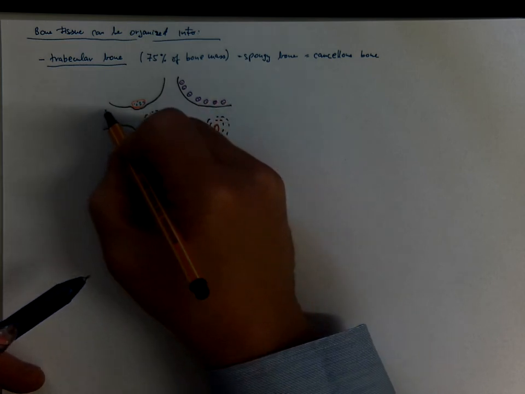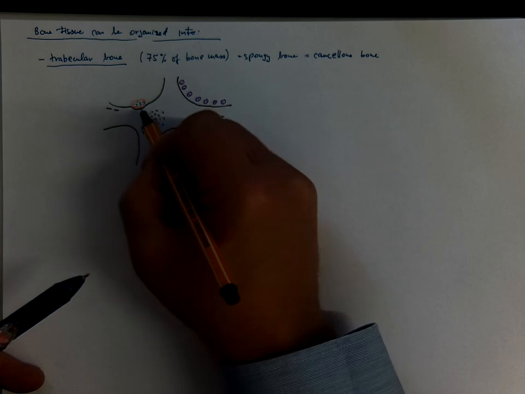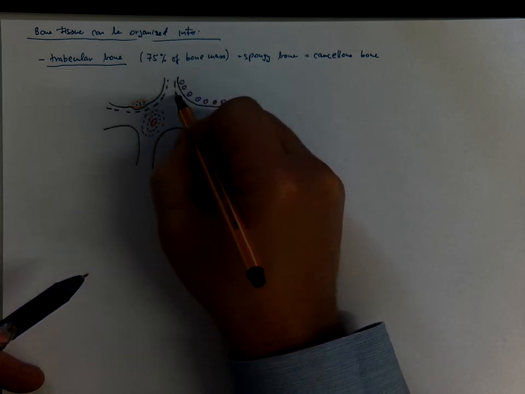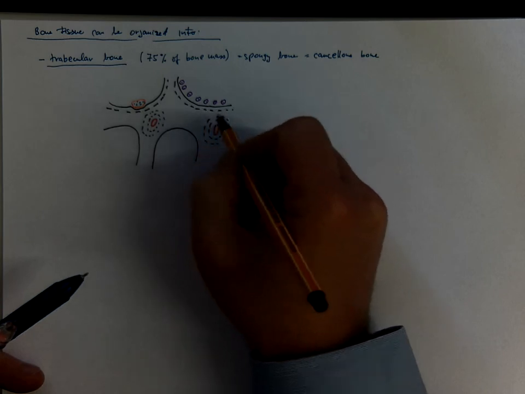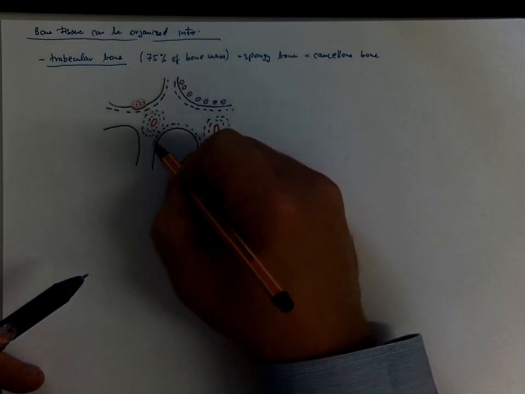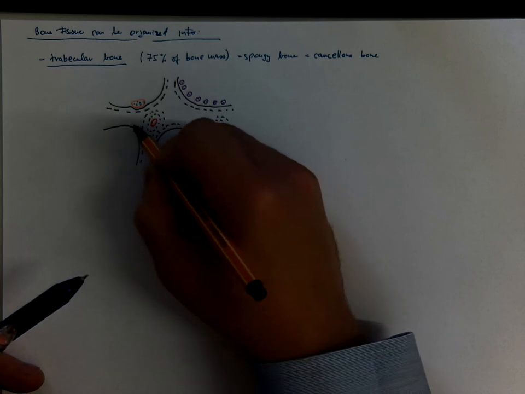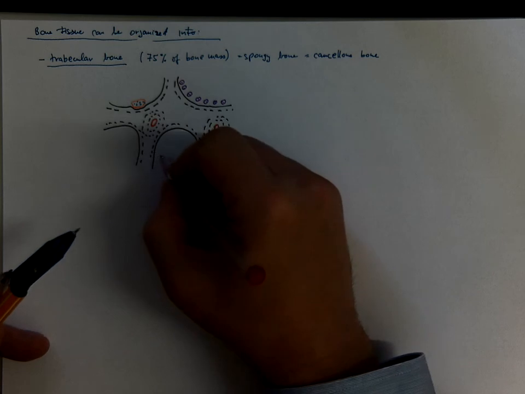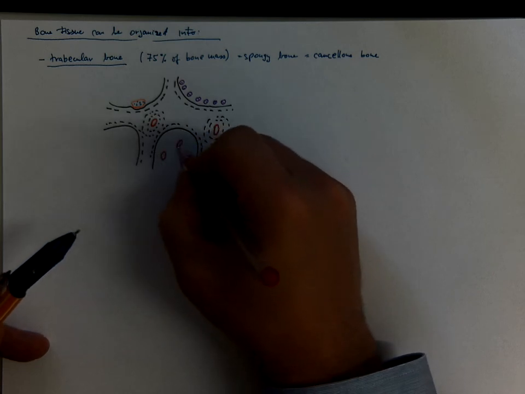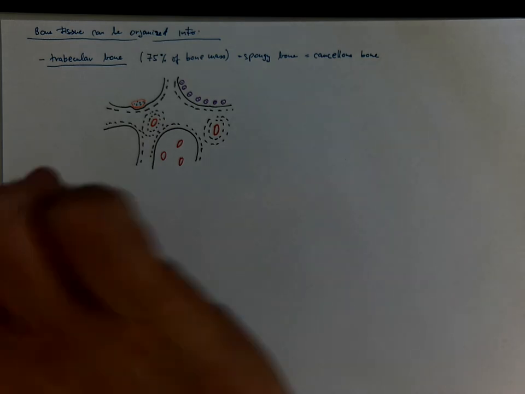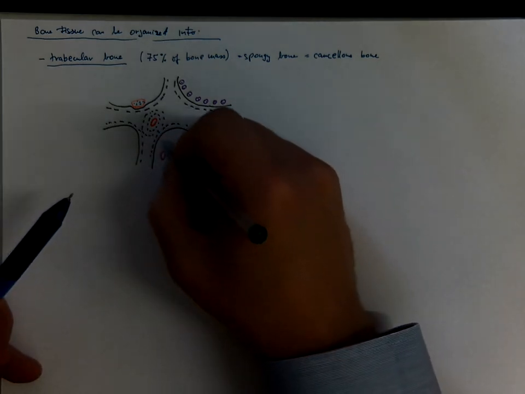Closer to the surface of the trabecules, the osteocytes are usually organized parallel to the surface, forming the so-called circumferential lamellae. And here you get the spaces occupied by bone marrow, in the bone marrow cavities.